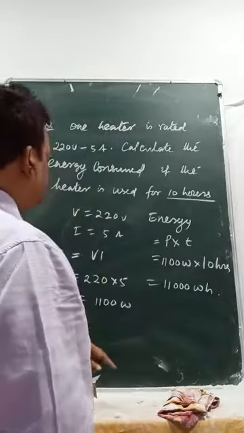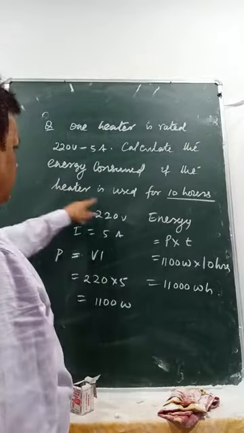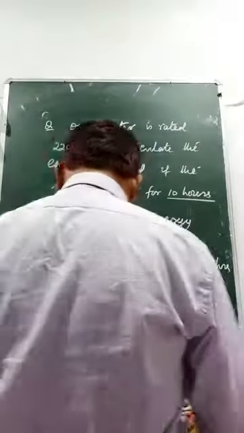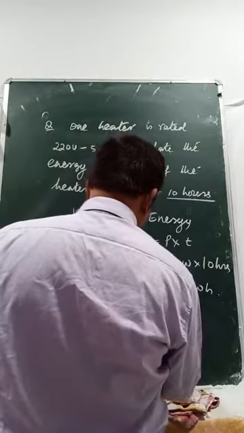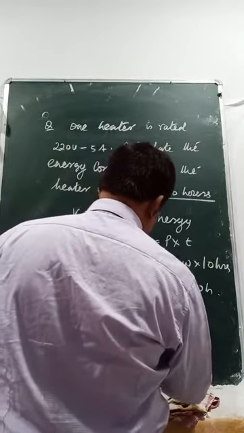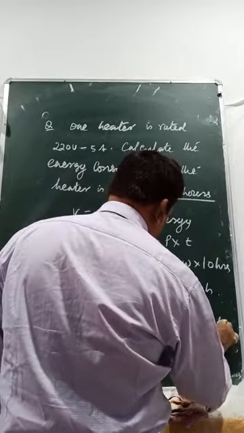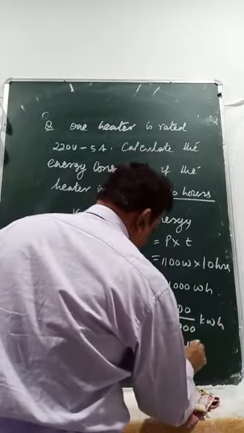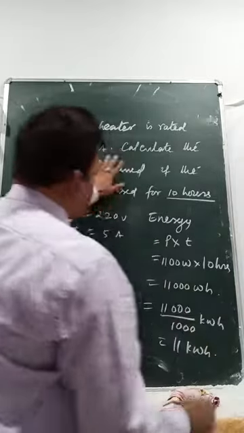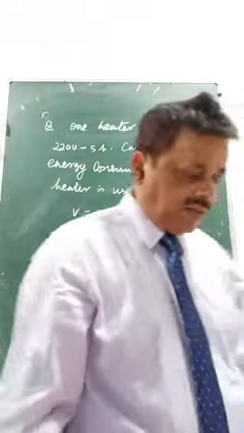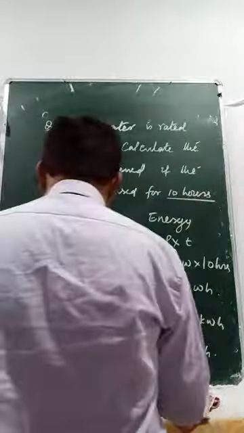Convert watt hour to kilowatt hour: 11000 divided by 1000. That means 11 kilowatt hour. So we'll get simple questions like this.